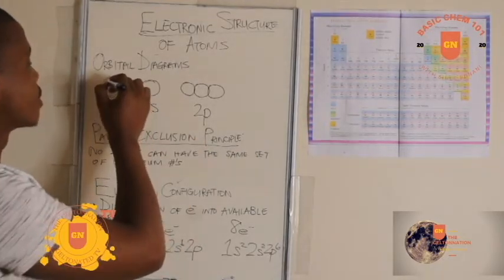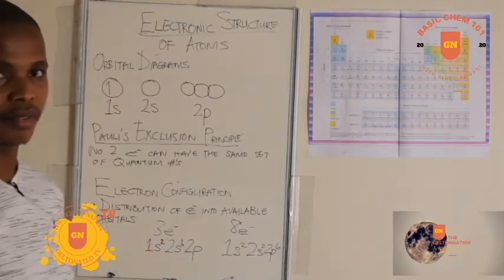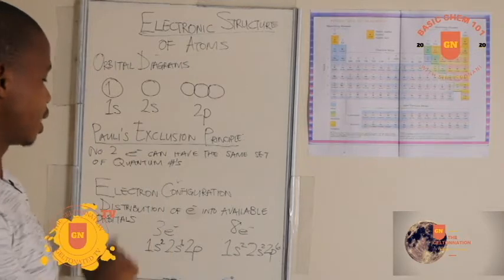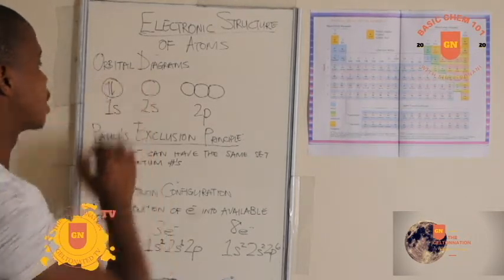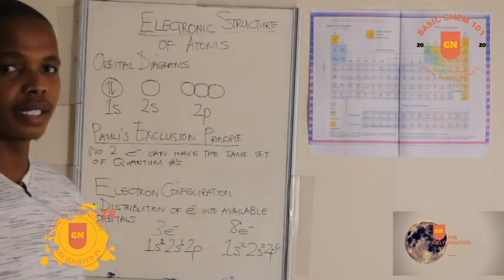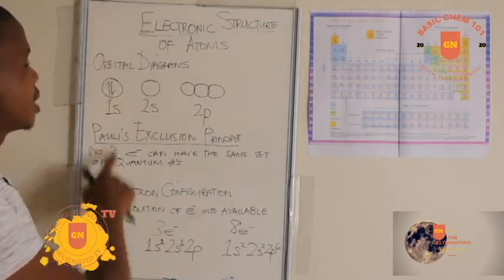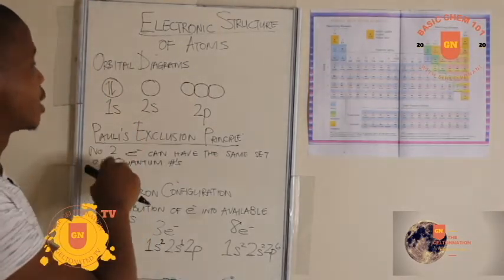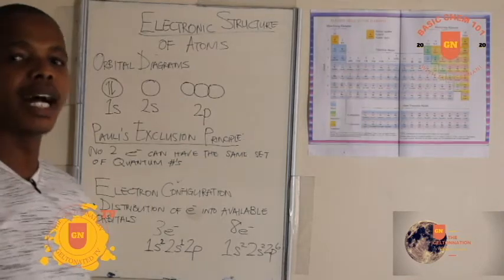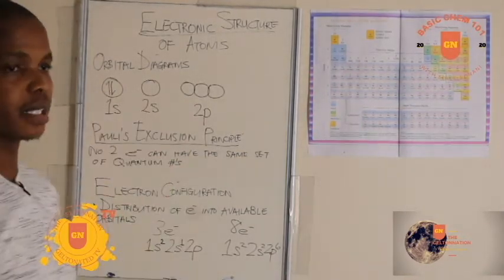So if this one electron in 1s is plus half, the next one has to be looking in a different direction. So the first three quantum numbers for this shell are the same, but the last one, which is the spin quantum number, is not the same.